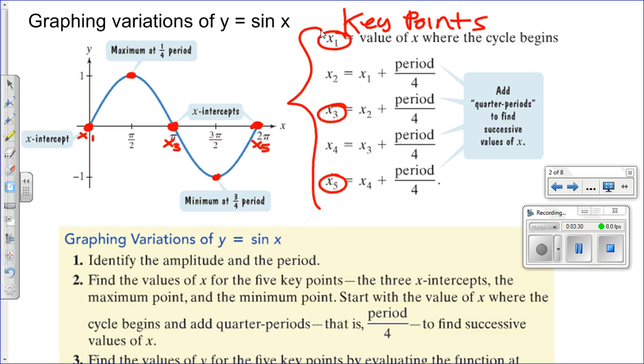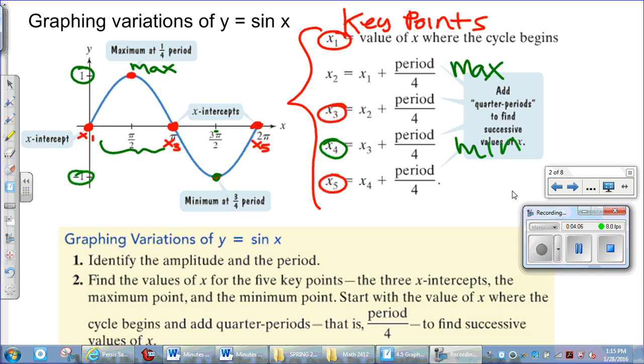Now, if your graph is not reflected across the x-axis, then the point that will come between the first 2 intercepts, right here, is going to be the max. Well, the y value will be the maximum value, and the x value is where it happens. So this will be the max, and this one here will be the minimum. Remember, the minimum is the y value, and it happens at 3 pi over 2.